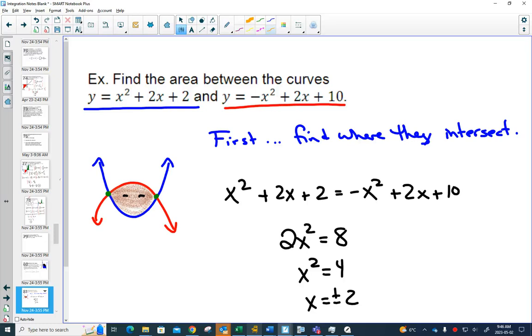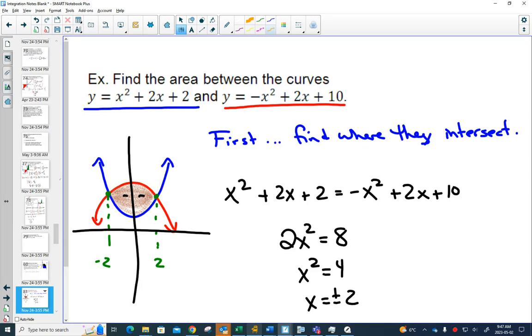So I now know that this point happens at -2, this point happens at 2. If I wanted to, I could add my axes here, but I really don't know where they are, and I really don't need to.